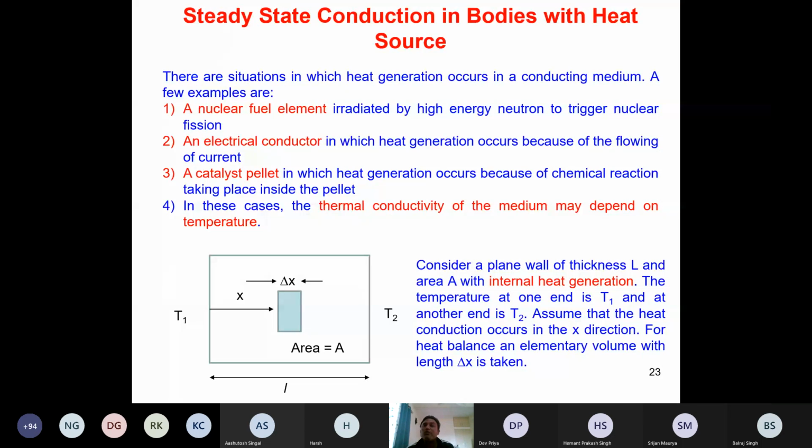Therefore the insulator outside of this electric wire will not only act as an insulator for the electric current, it also acts as an insulator for the heat, isn't it?